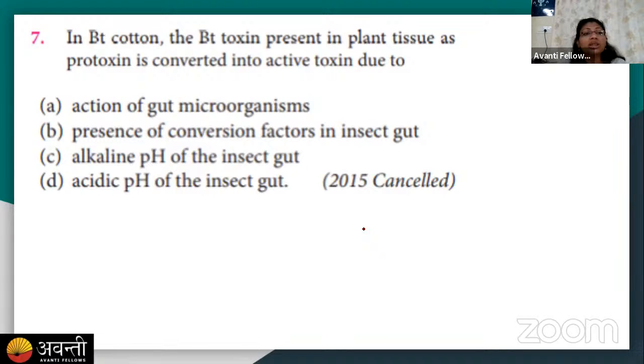So your next question is in Bt cotton. The Bt toxin present in the plant tissue as protoxin is converted into the active toxin due to A, action of gut microorganism, B, presence of conversion factor in insect gut, C, alkaline pH of the insect gut, and D, acidic pH of the insect gut.